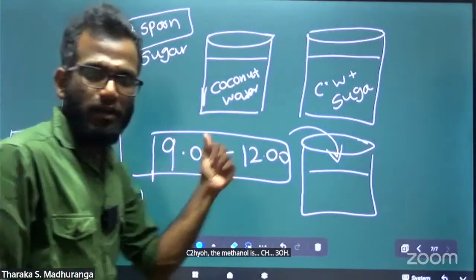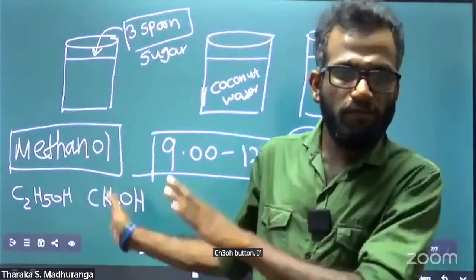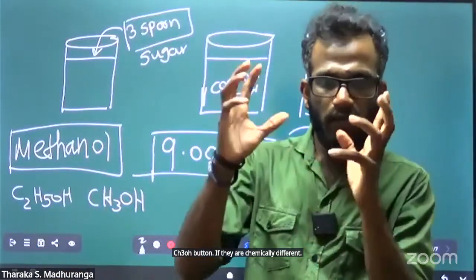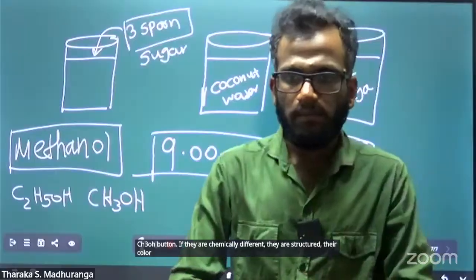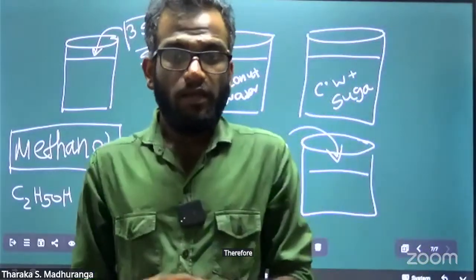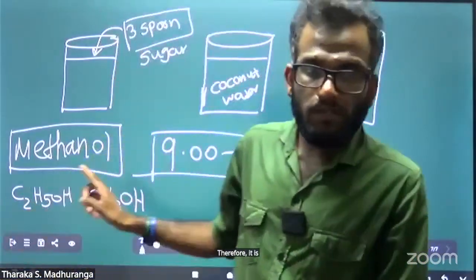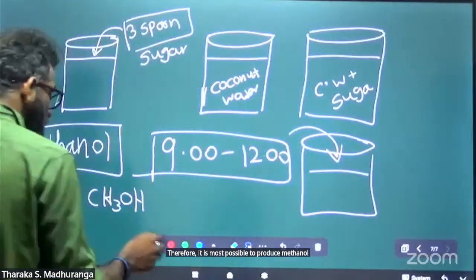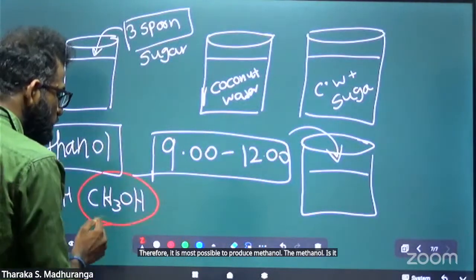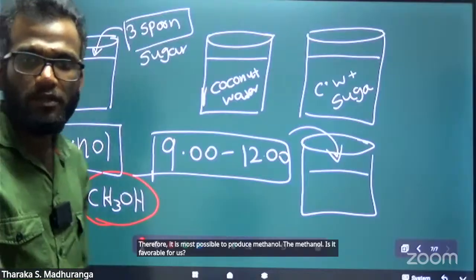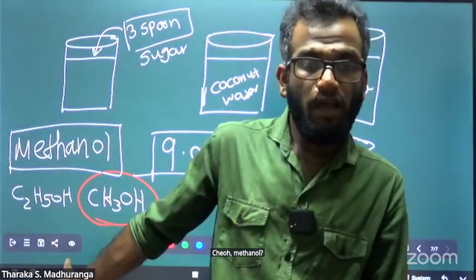They are chemically different in structure, but their color and taste are the same. Therefore, it is quite possible to produce methanol. Is methanol favorable for us? CH3OH, methanol, is a highly toxic compound.